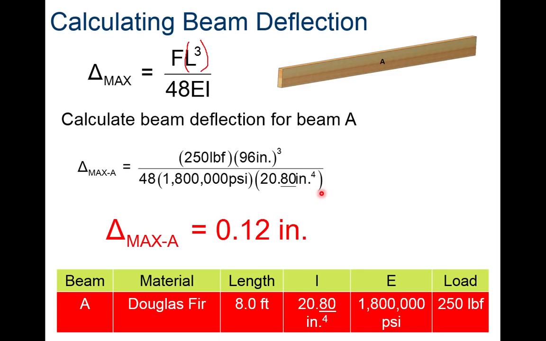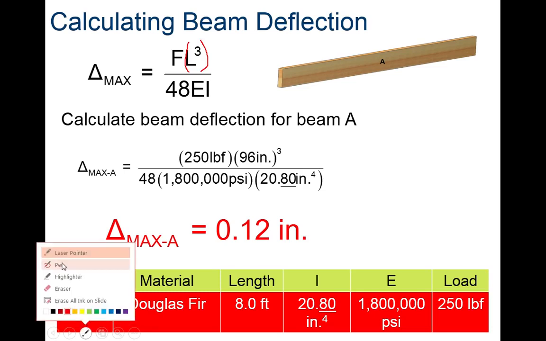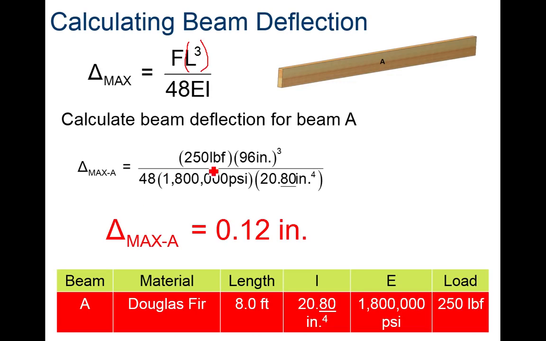Please make sure you're working through this on your calculator. Make sure you're getting this answer. Most of the time, so ignore these parentheses. If you just put the numerator in parentheses and put the denominator in parentheses, you should be fine. But please make sure you're getting this answer.